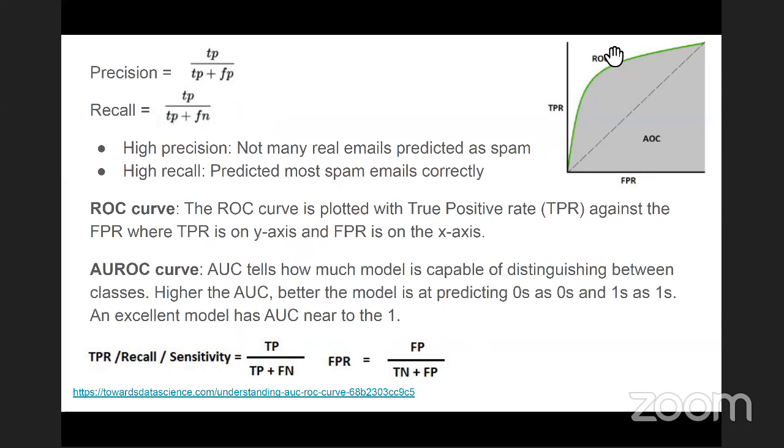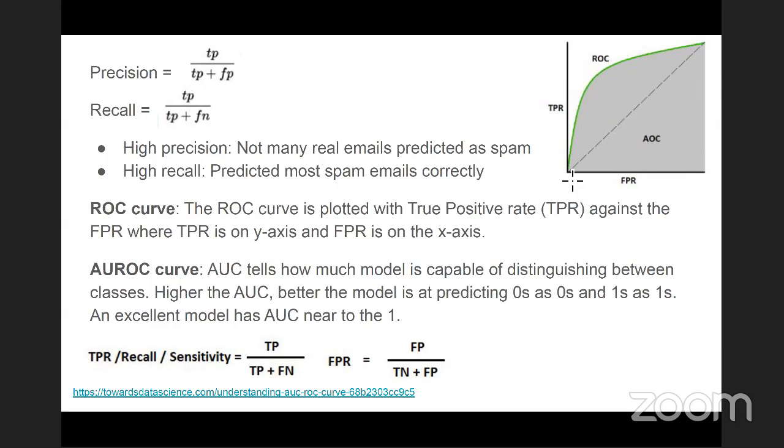operating characteristic. A very bad curve is a flat, straight diagonal line, where it is always giving me a random guess, whereas better ones are above that, and the best ones go straight up and then straight right.